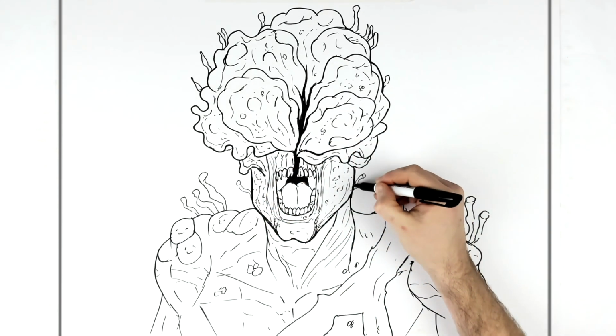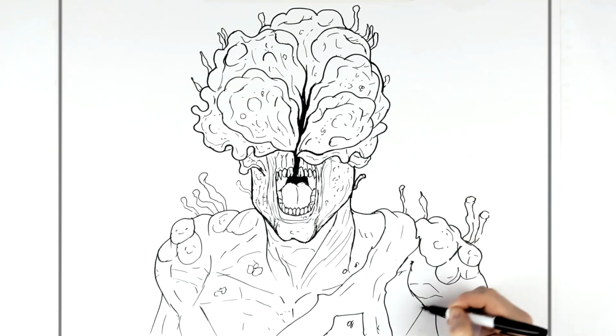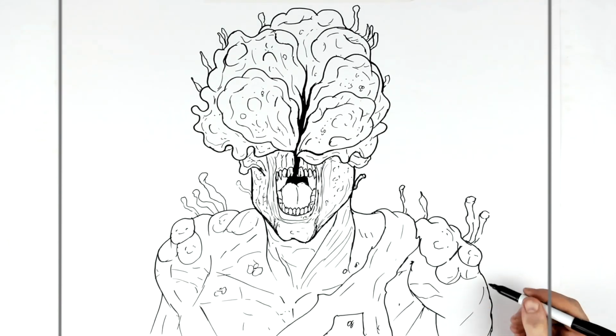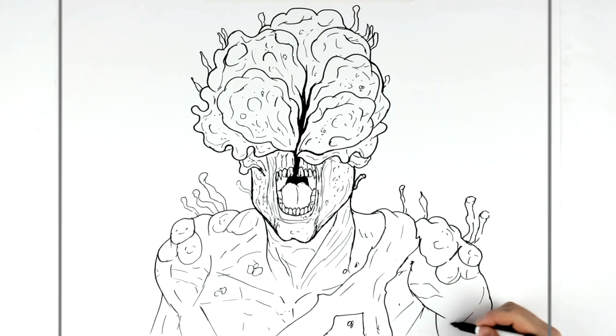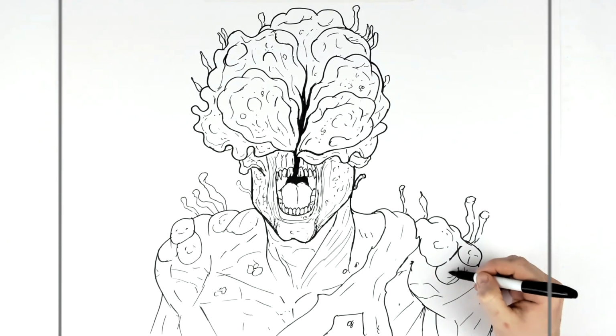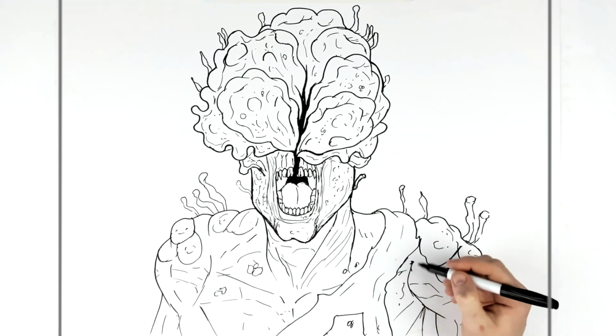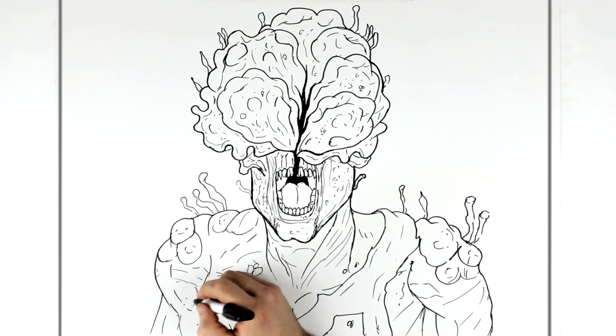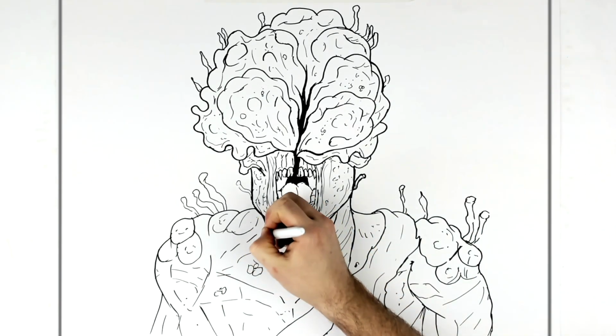Right, you can thicken up some of your edge lines. Just do sort of a bigger arm sort of there. Let that be a wrinkle. You just keep going for as long as you want, really.